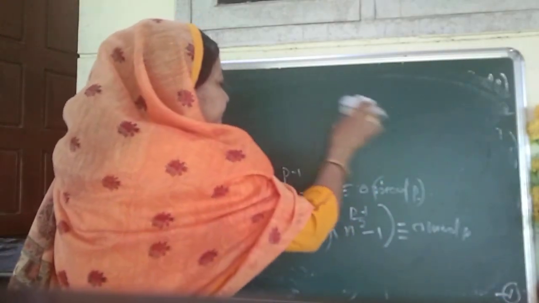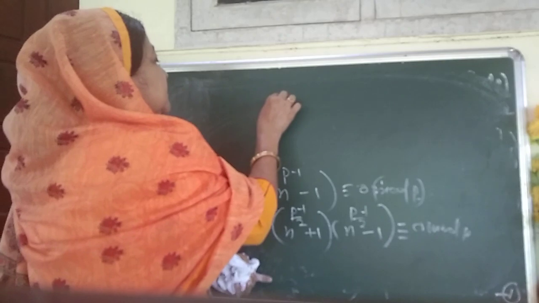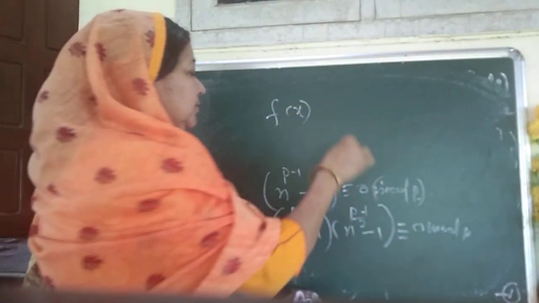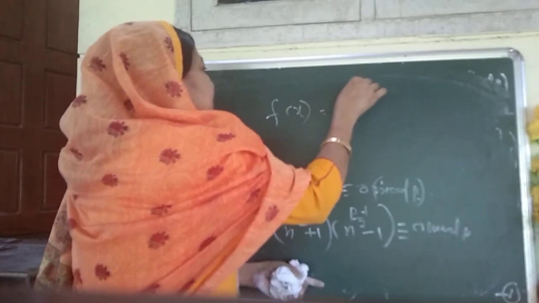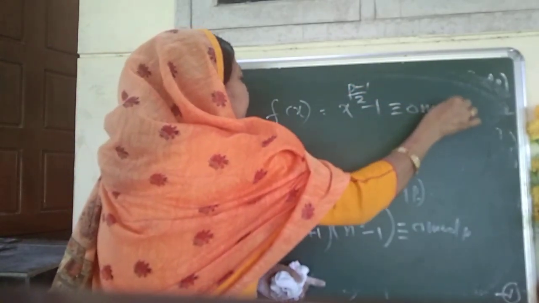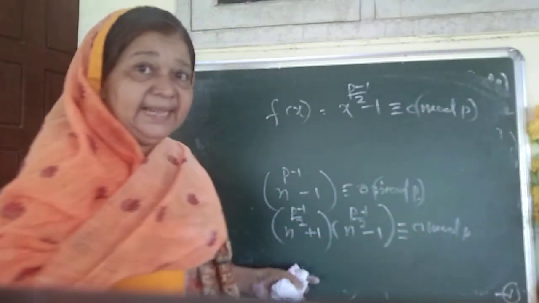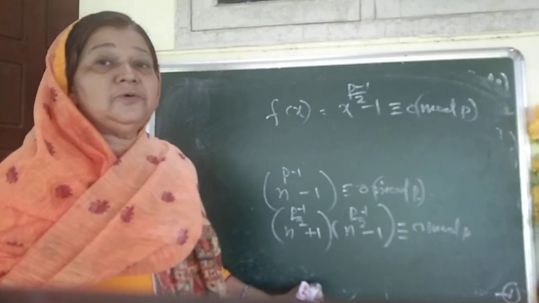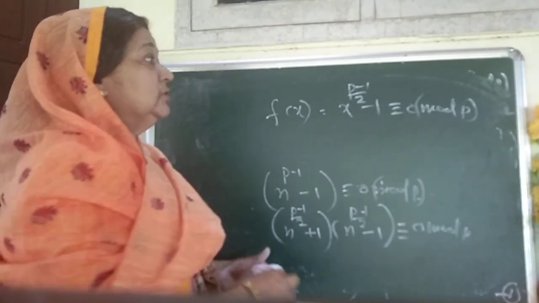Consider the polynomial congruence f(x) = x raised to (p-1)/2 minus 1 is congruent to 0 mod p. By Lagrange's theorem we know this equation has at most (p-1)/2 solutions.